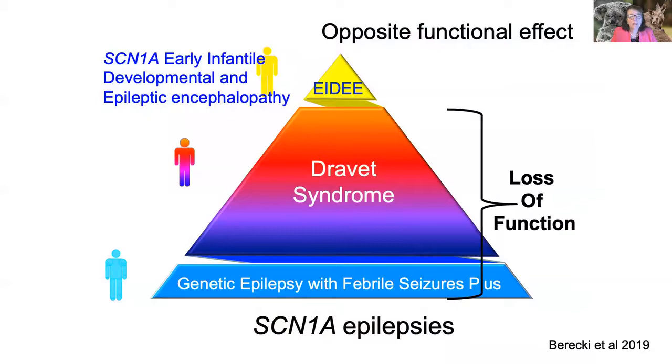So we hypothesized that this missense mutation was actually having the opposite functional effect. We know that Dravet syndrome and GEFS plus, or genetic epilepsy with febrile seizures plus mutations, cause loss of the sodium channel function. So it's not working as well. And we hypothesized that this early infantile profound SCN1A developmental and epileptic encephalopathy was actually due to gain of function, and that is because it looked much more similar to SCN2A and SCN8A developmental and epileptic encephalopathies beginning under 3 months of age.